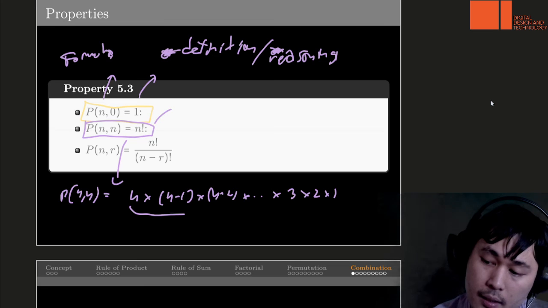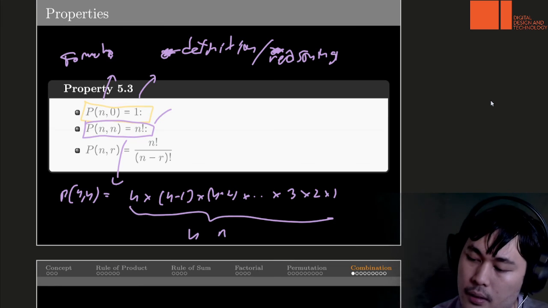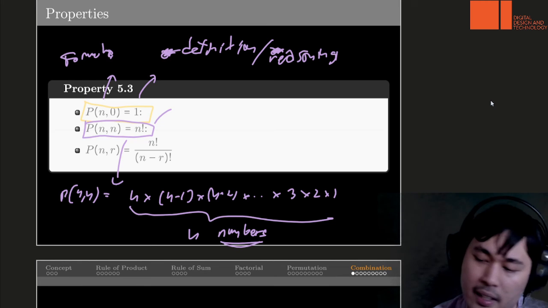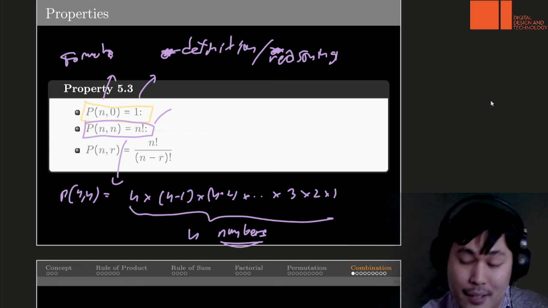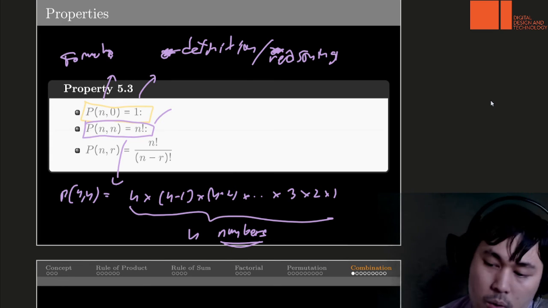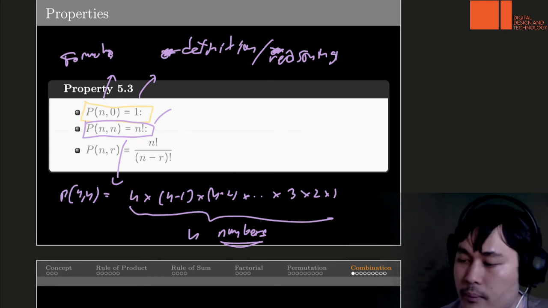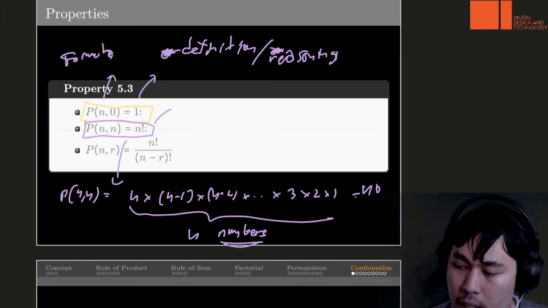If you do it correctly, then there should be n numbers. How many are there? 1, 2, 3, 4, 5, all the way up to n. So indeed there are exactly n terms to be multiplied. That's exactly n factorial.